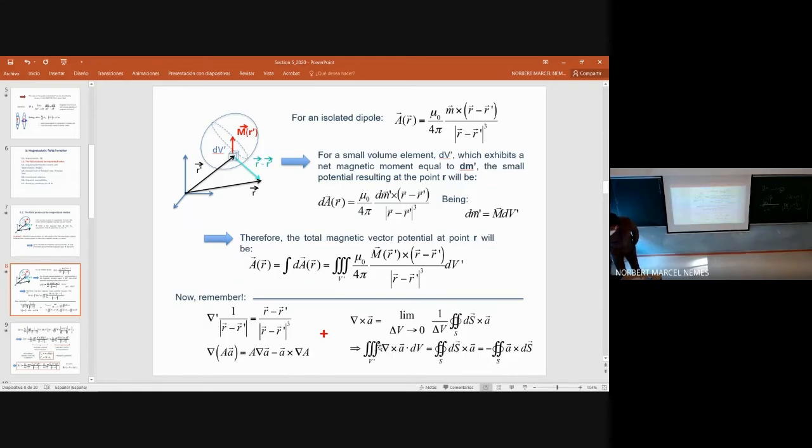If we have a complete volume integral of a full rotation, that is equivalent to the surface integral over the surface of the material of just the vector, but not with dS, but with the vector product with dS. So it's a bit more complicated, but it's the same idea. It's still sort of Gauss's law. So this relation we will use for the surface of our material.